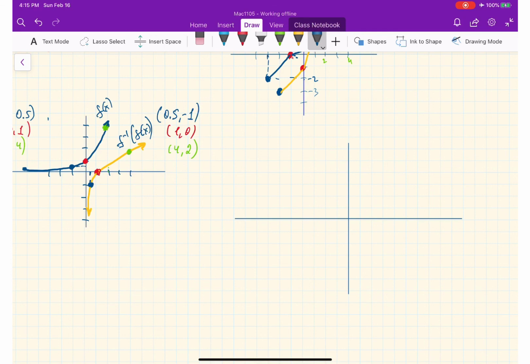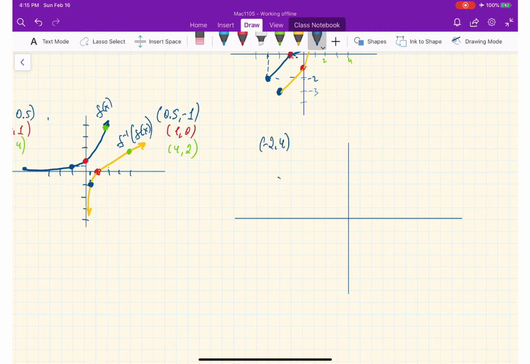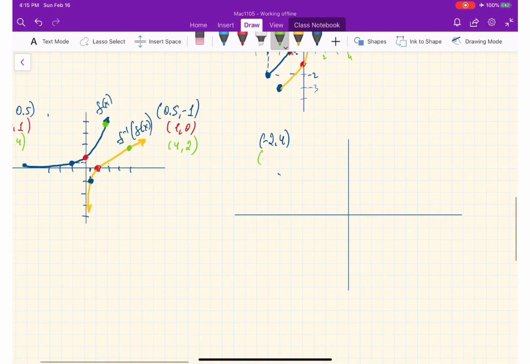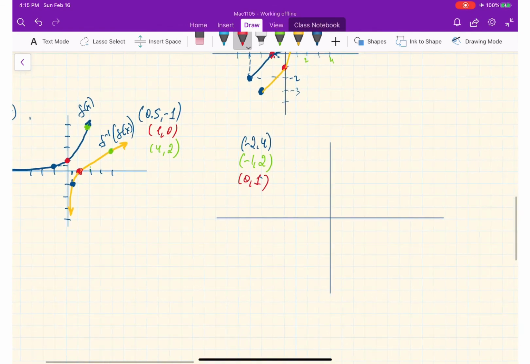So okay, we have -2 and 4. And then the green one, -1 and 2. And the red one, 0 and 1. So let's see.